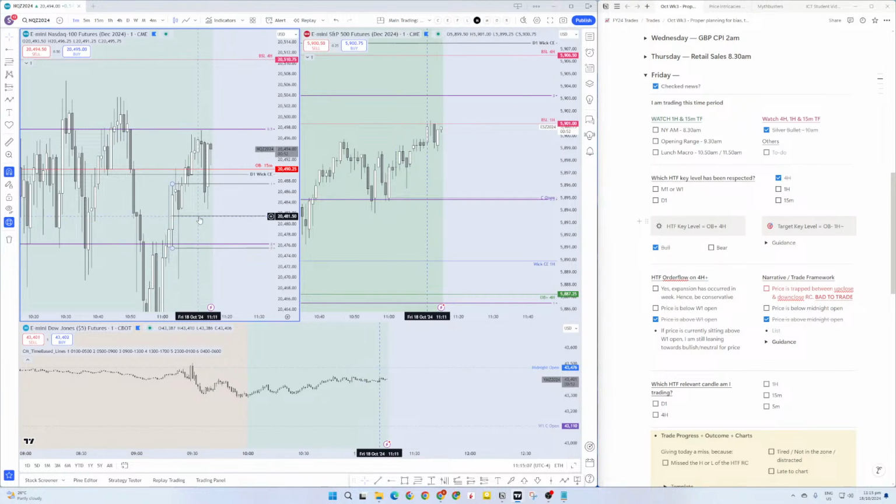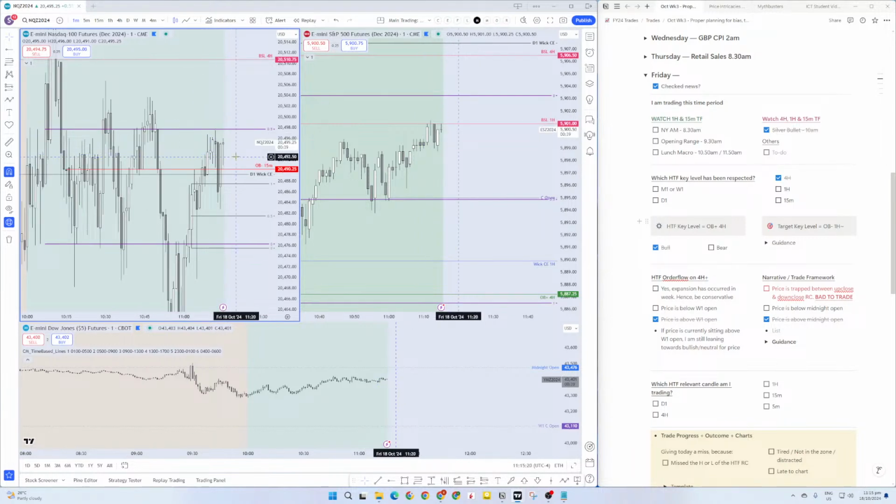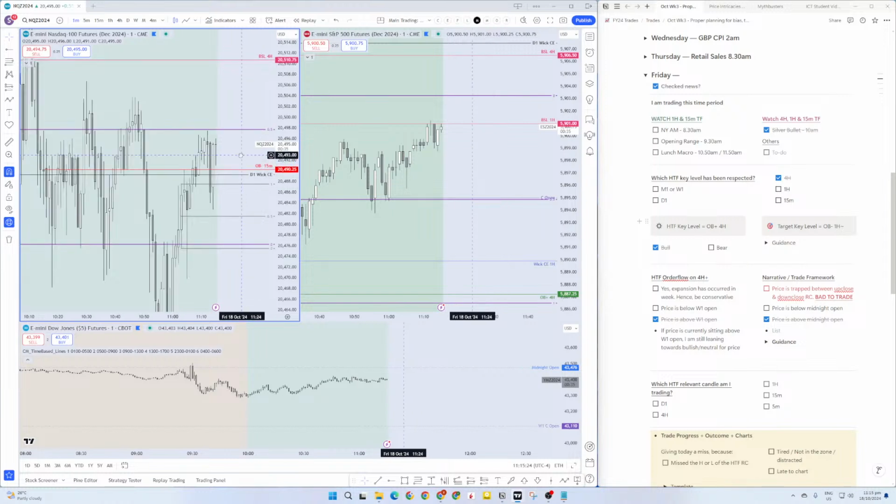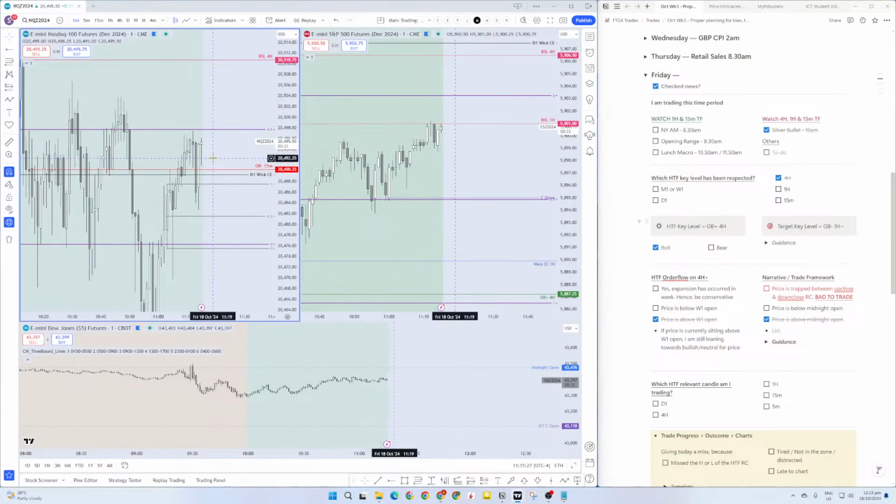I didn't recognize it just now, but by all means, price closed, came back, touched the high of this candle, and then closed higher. So this itself looks like a valid way to go long. But again, because price is sitting at this 15-minute level, I'm not very confident to go long.